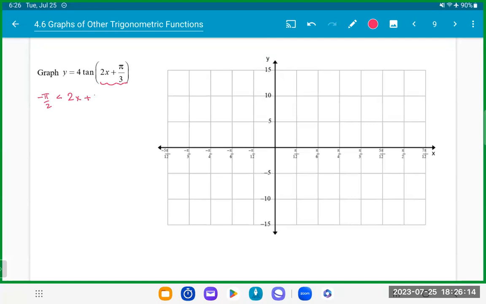So 2x plus pi over 3 is less than pi over 2. Again, just to point out and to reiterate, there's no equality with these here because that's an asymptote. Okay, so let's go ahead and subtract pi over 3 from both sides, or all sides.